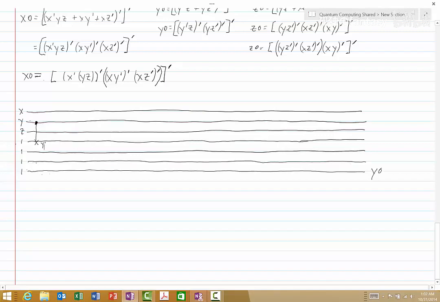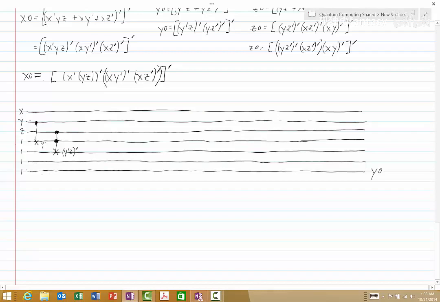Now we want to have Y prime NANDed with Z, according to this. So how can we accomplish that? Well, if we have Z and Y prime, and then put an X here, then this would give us on this line Y prime and Z NANDed together.